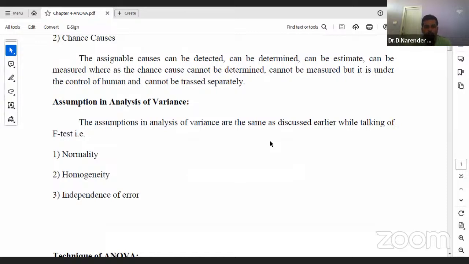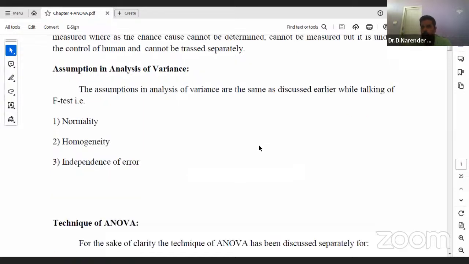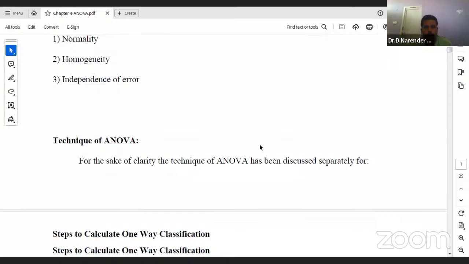That is normality, homogeneity, independence of error. When you look at an ANOVA problem, it looks very normal. Homogeneity means all the variables we pick up belong to one family only. Then independence of error means they are not depending on each other. They are independent.